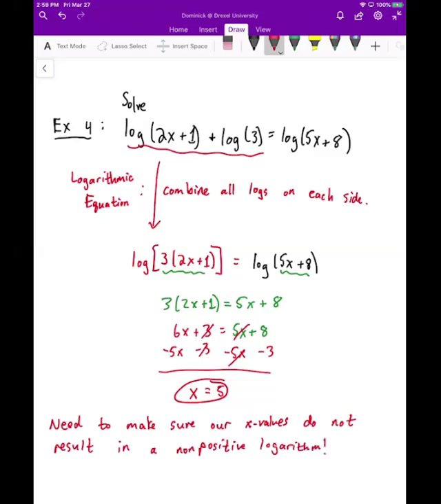Right, so any x value that we find, we need to make sure that that doesn't cause a negative value or a 0 value inside any of our logarithms.